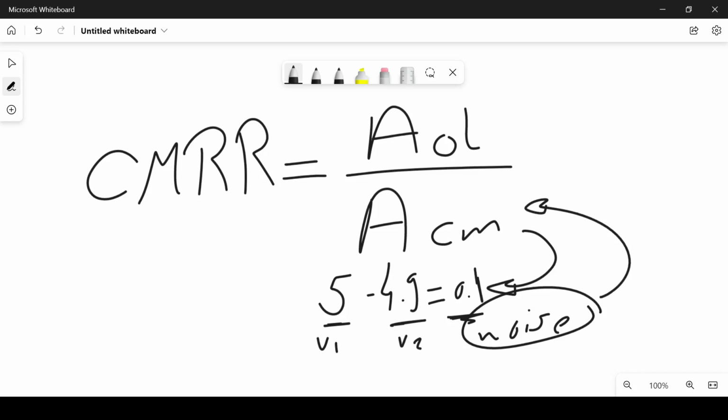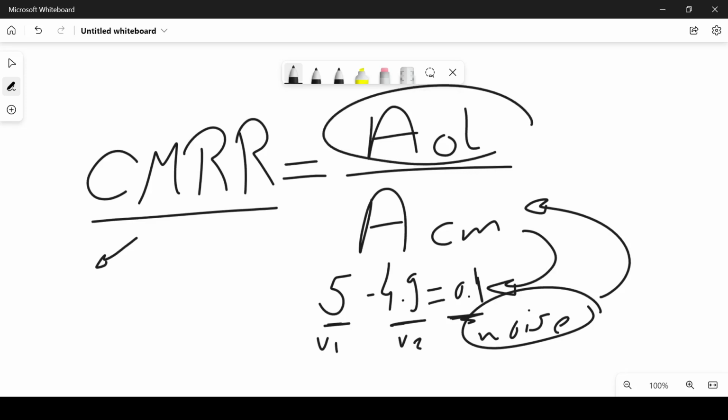So the CMRR, the common mode rejection ratio, equals the open loop gain. The open loop gain is the gain if we connect one signal to one input and the other signal to the other input, V1 and V2.